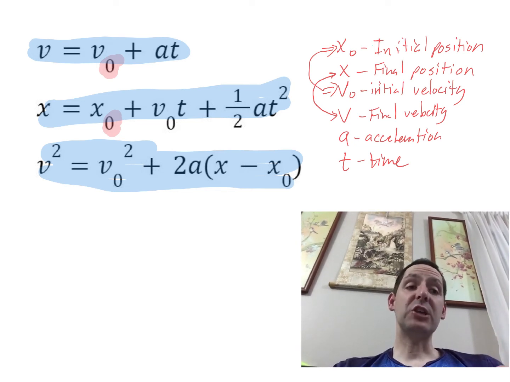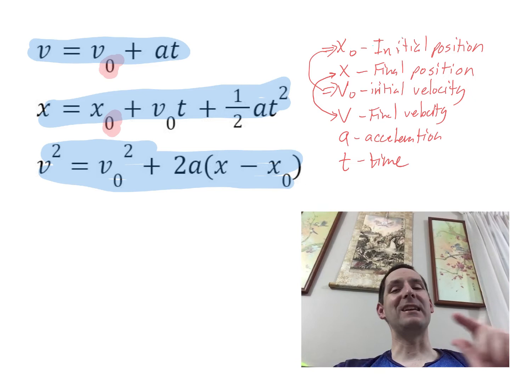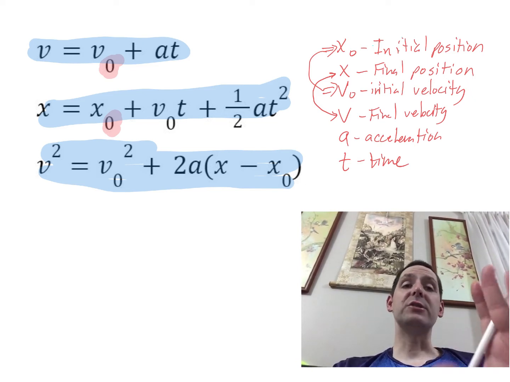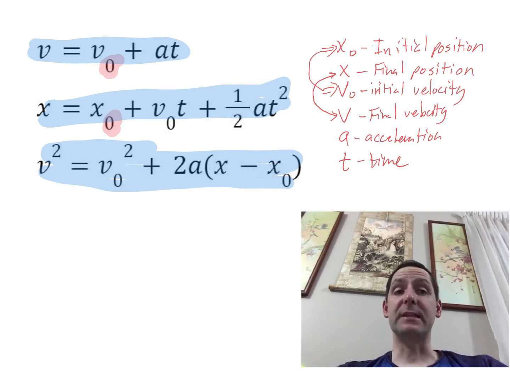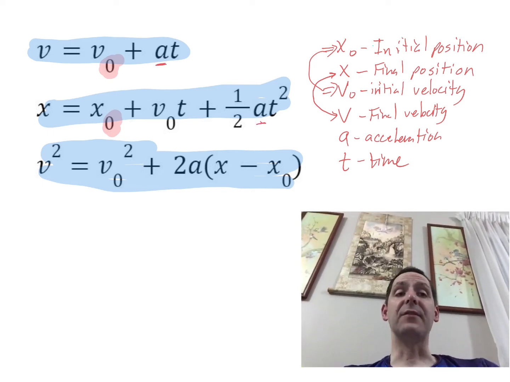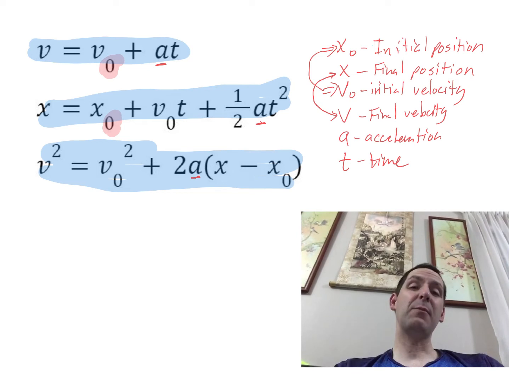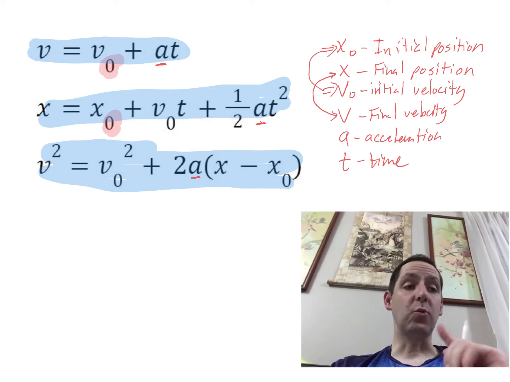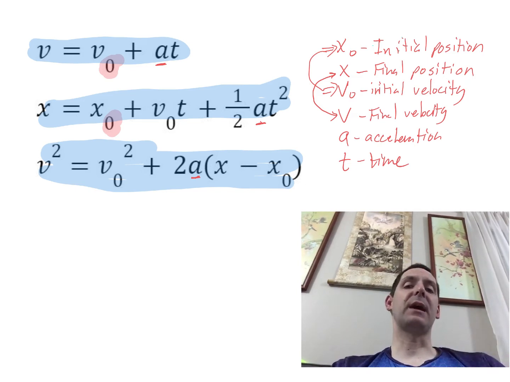If acceleration is changing, we cannot use these equations. So be aware of that. You can only use it if acceleration is constant. You'll notice that all three of these have acceleration in them. So acceleration is kind of a big deal, and it only works if acceleration is constant. That's the one requirement of these kinematics equations.